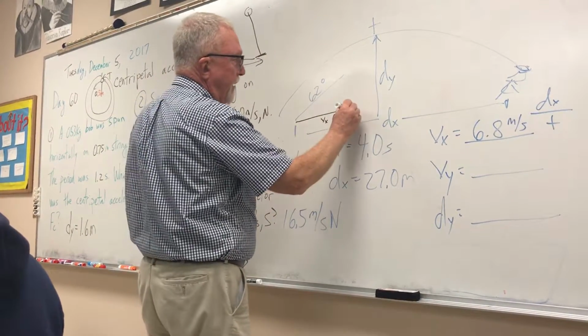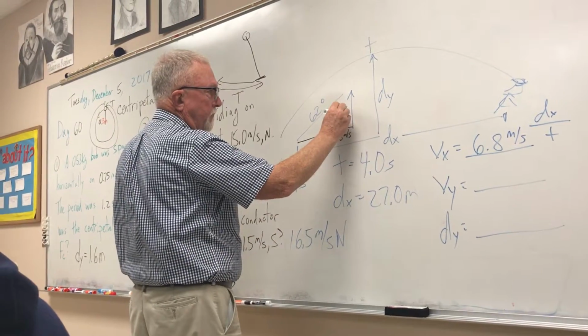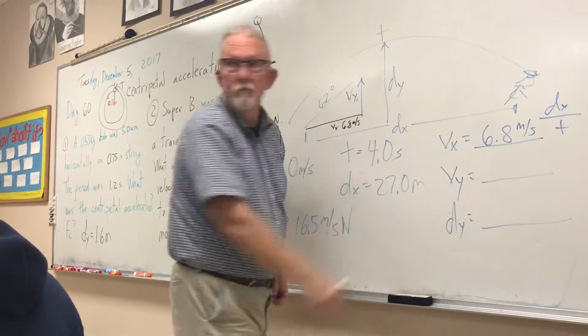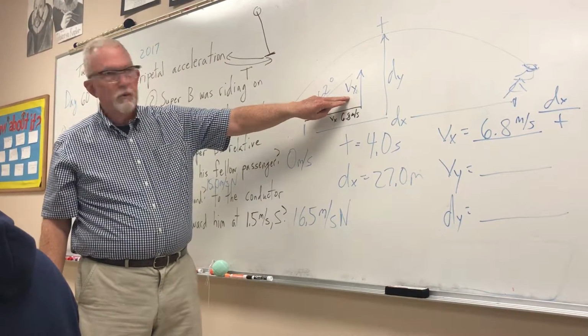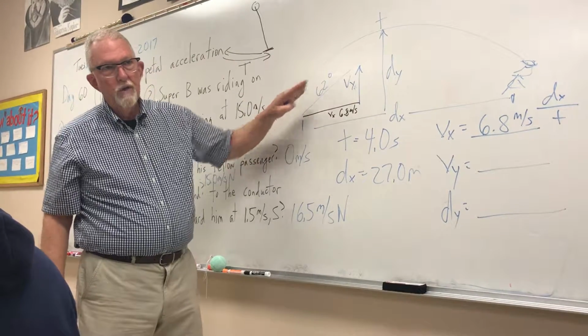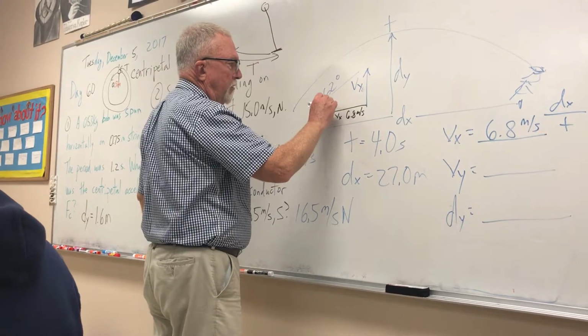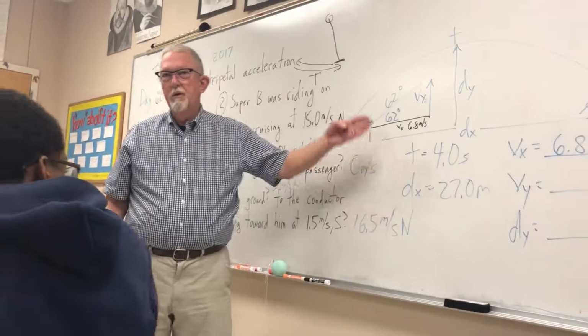Now we want to figure out this part. Yeah, dx over t. So now we want to find this component of the initial velocity. And again, you have your favorite figure in here besides Mr. Banks, a right triangle.